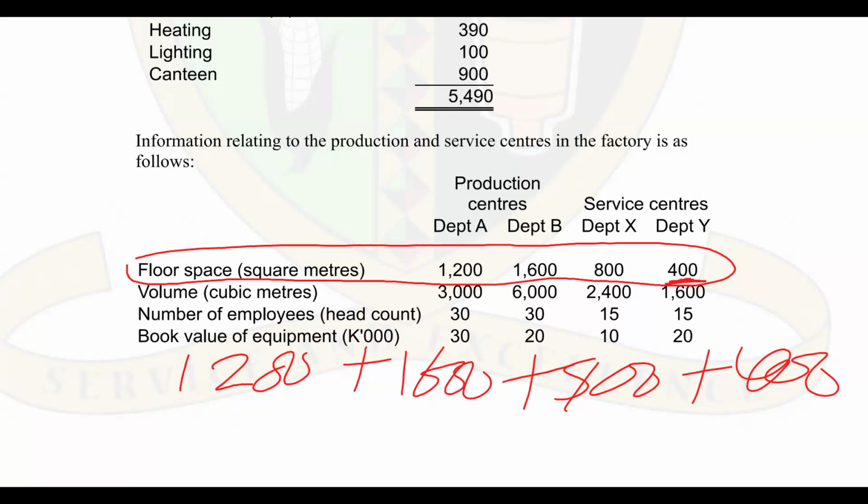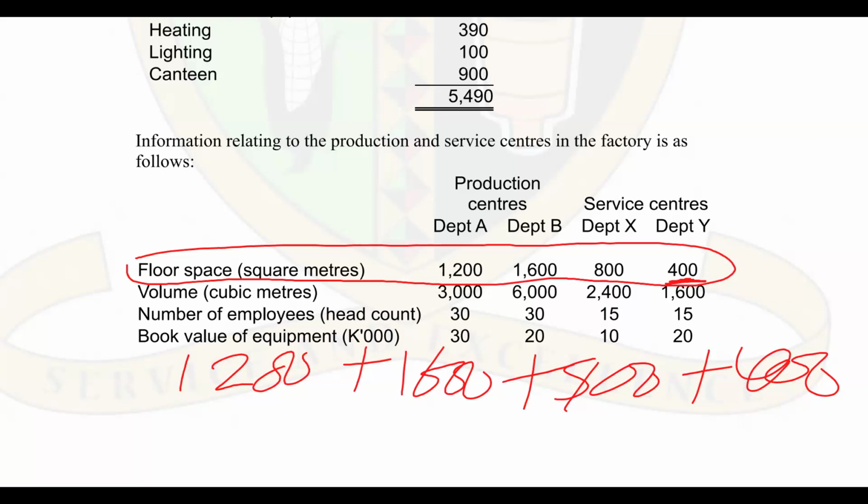1,200 plus 1,600 plus 800 plus 400: 4,000 in total.